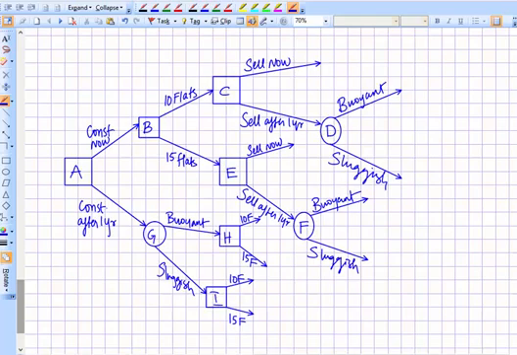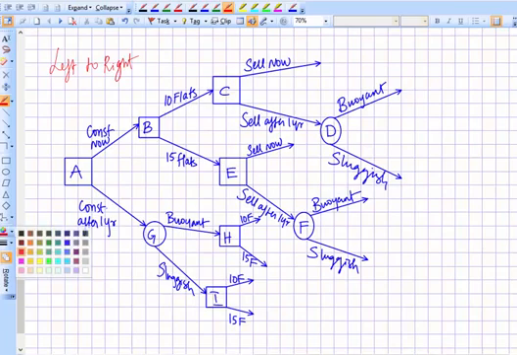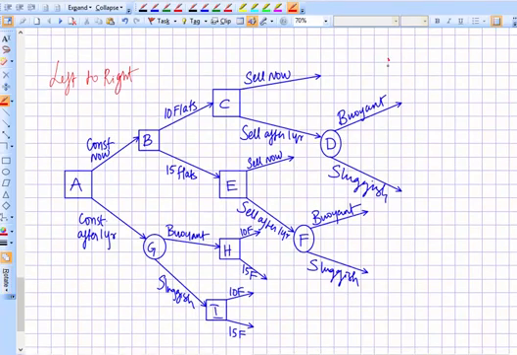So how our evaluation process, see, we know that decision tree is something when you draw, it should go from left to right. But when we do the evaluation, okay, the evaluation should happen from right to left.